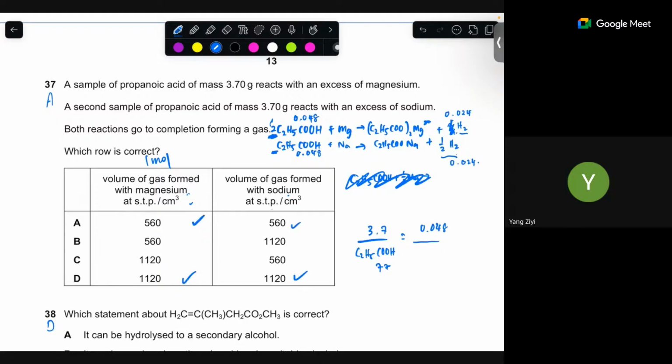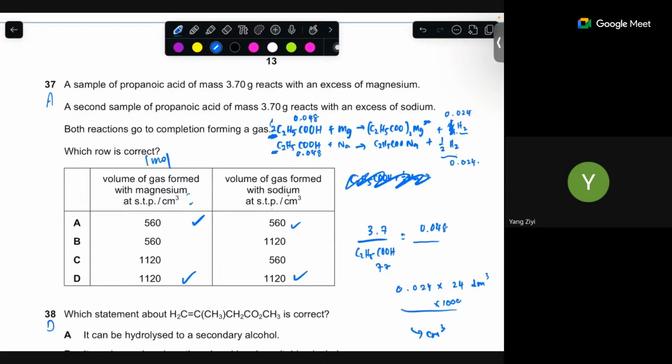Please check which will be the best volume. So 0.024 times 24 dm cube, then change to cm cube. One dm cube is 1000 cm cube, so you need to still times by 1000.